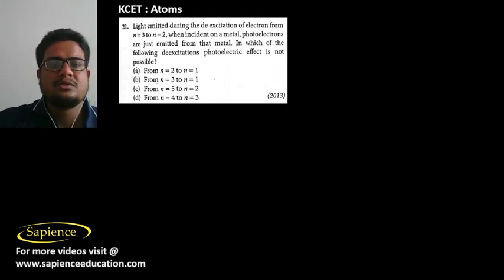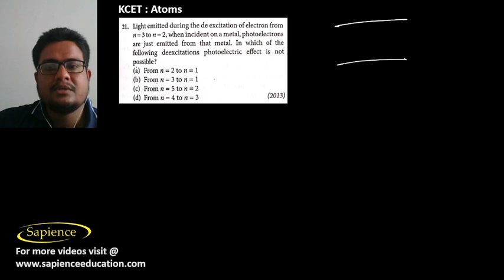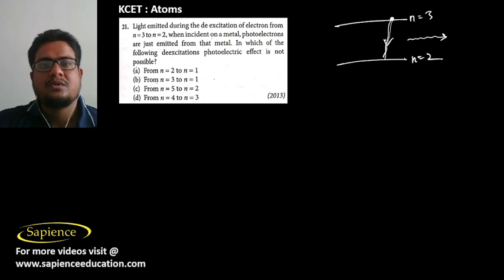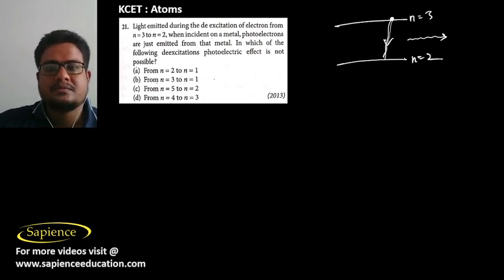Then question number 21, it is told light emitted during the de-excitation of an electron from n equal to 3 to n is equal to 2 is incident on a metal. So the electron goes from n is equal to 3 to n is equal to 2. So it will emit some light photons.